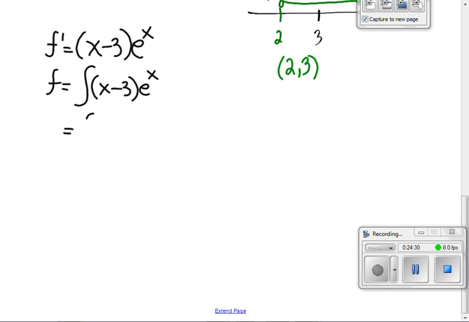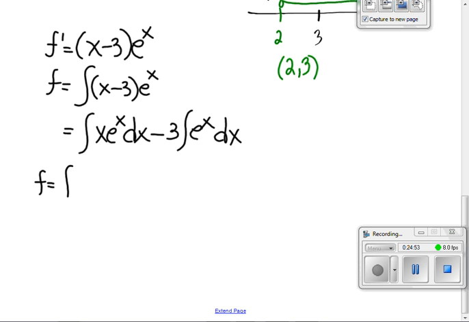If you do it this way, x e to the x is integration by parts, but the other one isn't. Minus 3 integral e to the x dx, that's just e to the x, so we're okay with that one. What do you want u to be? Let's do x minus 3. Okay, so we're going to use this one.